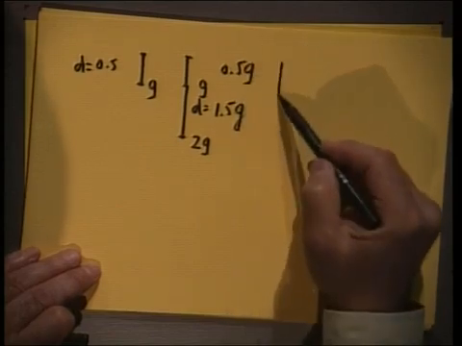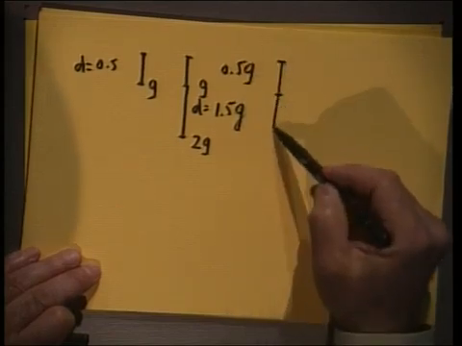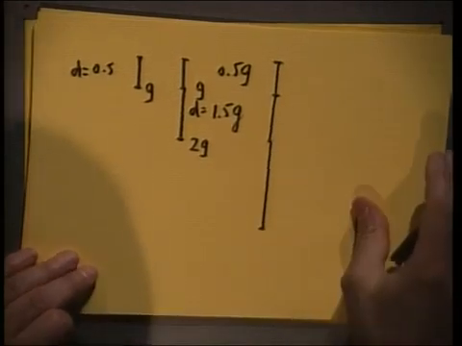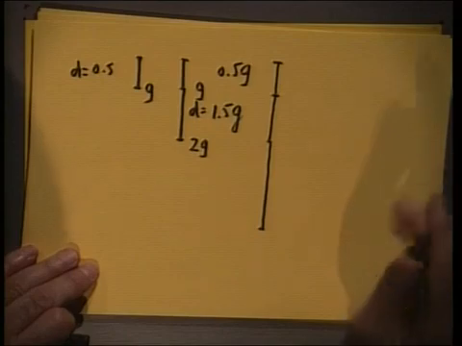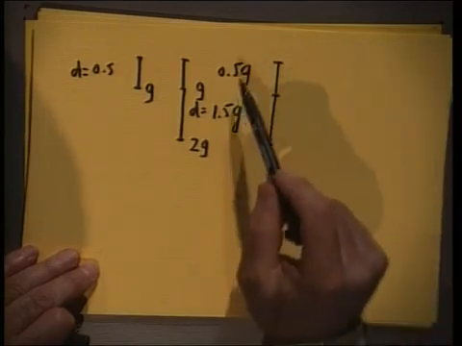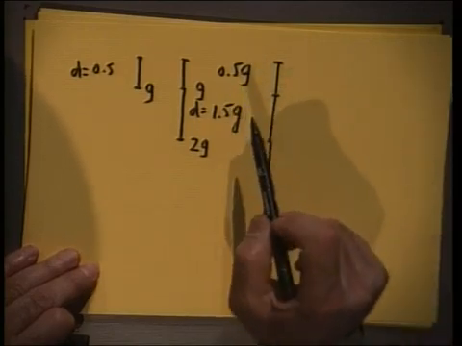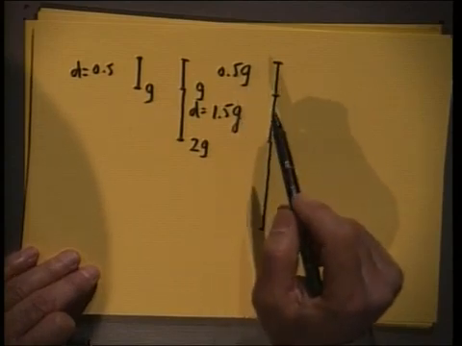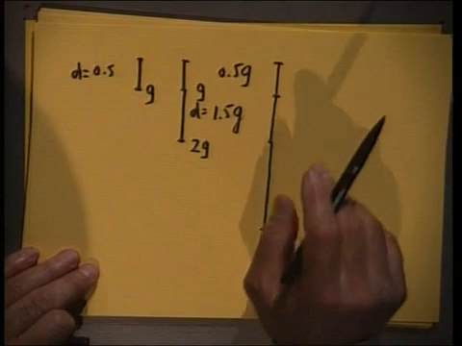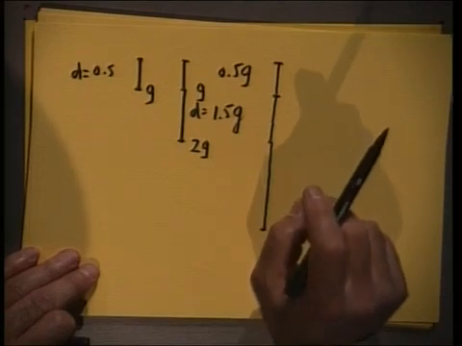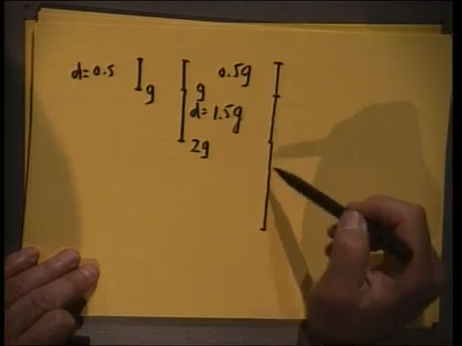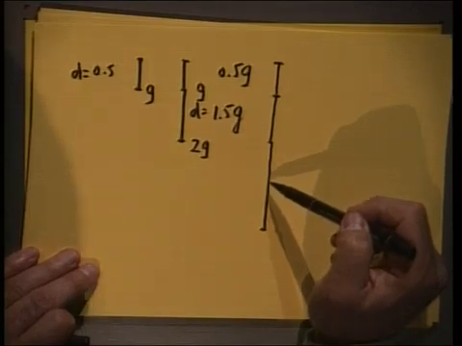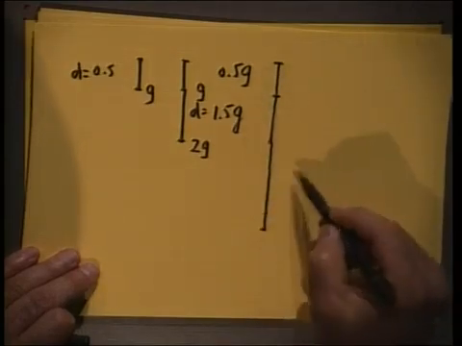If you leave it another second, after 3 seconds, you substitute t equal to 3 in half g t squared, and you get 4.5g minus 2g, which gives 2.5g.